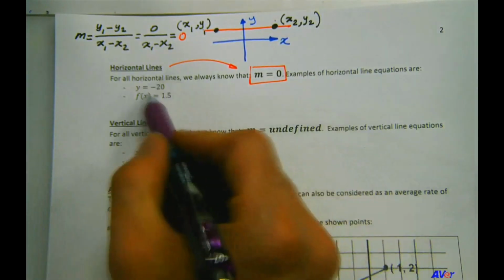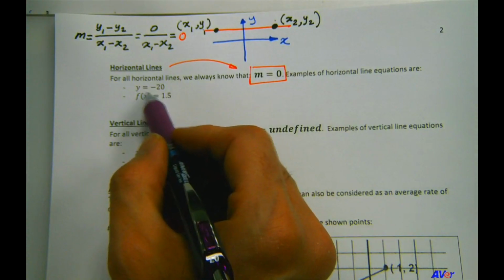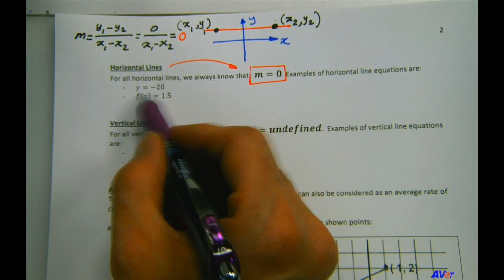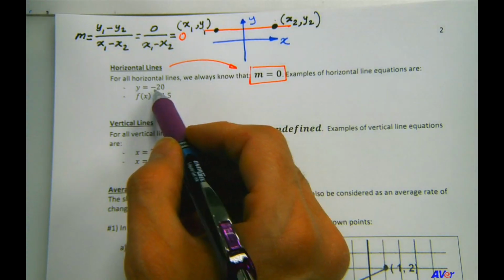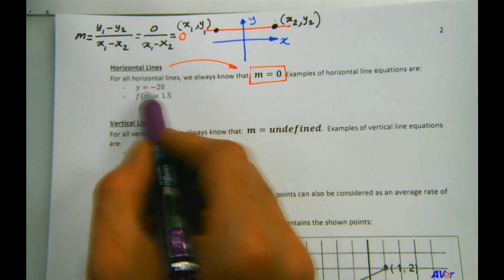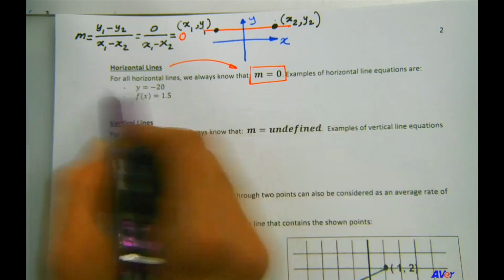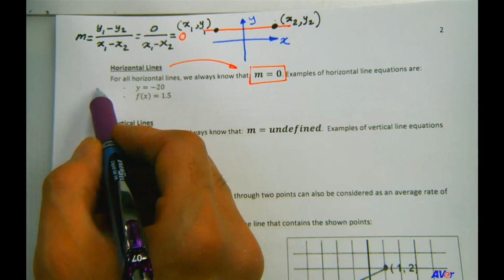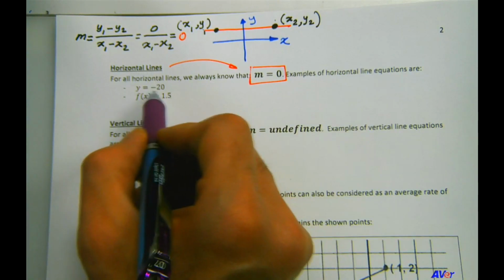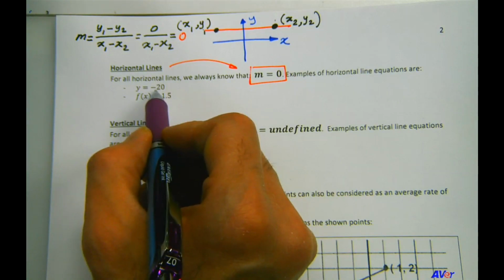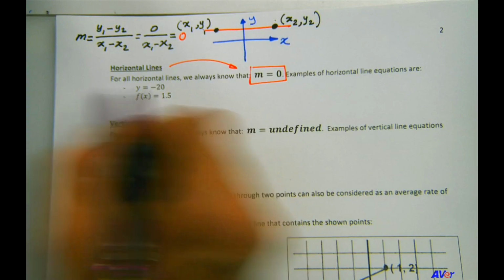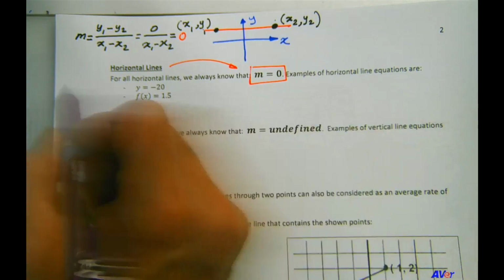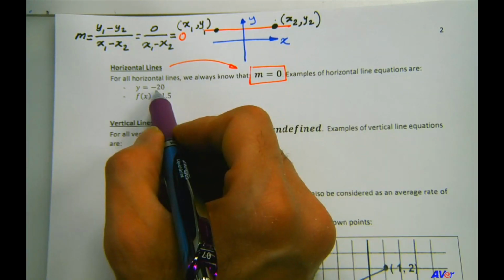So these, what you see here, are examples of the equations of horizontal lines. So y equals minus 20 means that for a horizontal line that goes through 0, negative 20, all the y components for all those infinitely many points on that horizontal line are equal to minus 20.